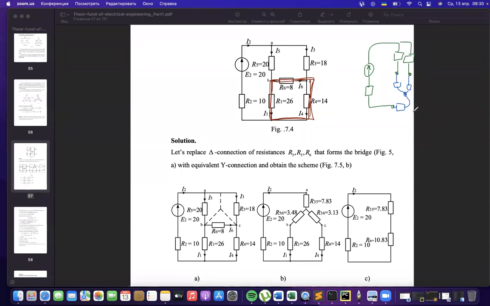For example, these are 2 variants of delta to star transformation.